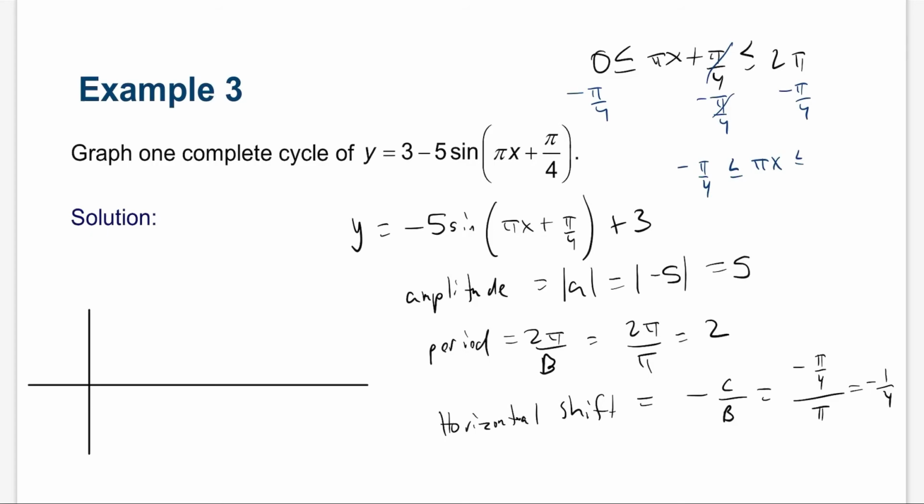So let's see, that's 8/4 pi. Take away 1/4 is 7/4 pi. All right, now we divide everything by pi, or multiply by 1 over pi.